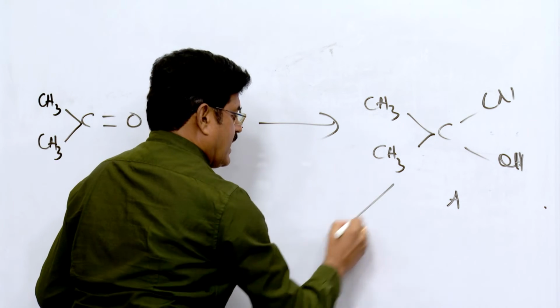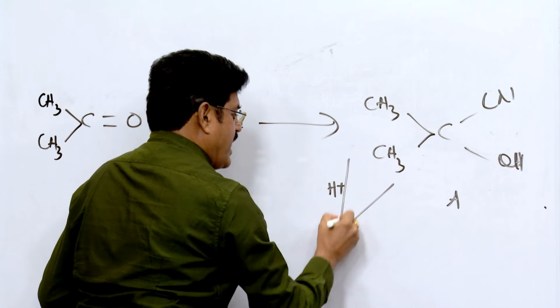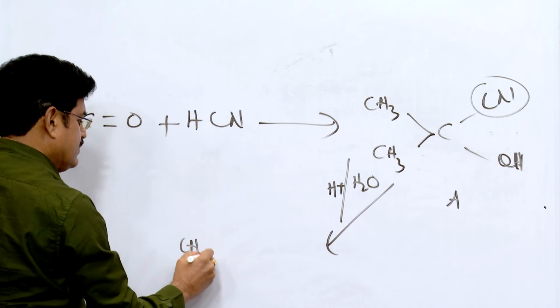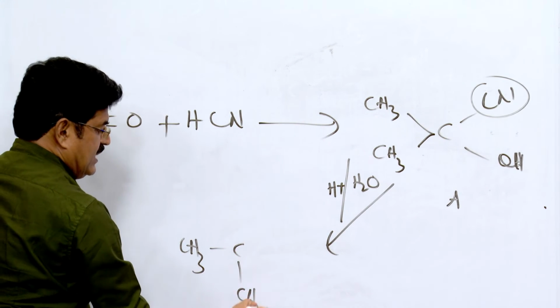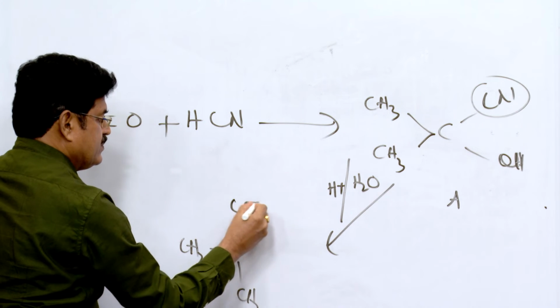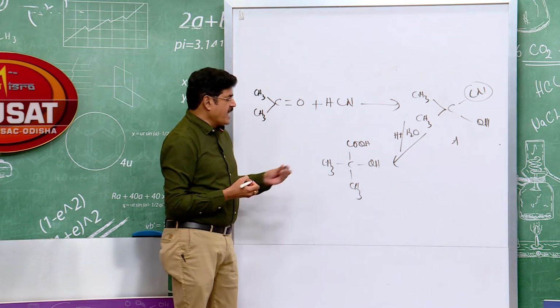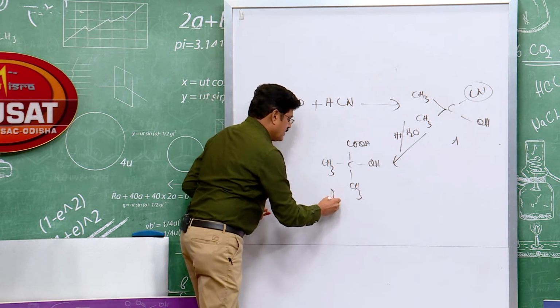This compound A upon acid hydrolysis, where cyanide is hydrolyzed to COOH, gives a hydroxy acid. This is the hydroxy acid, compound B.